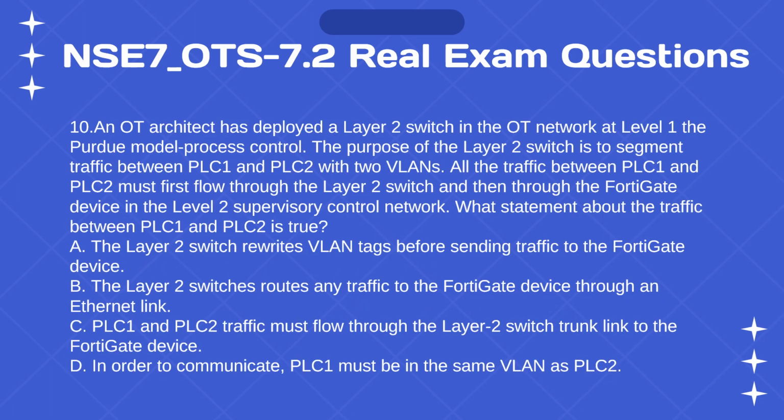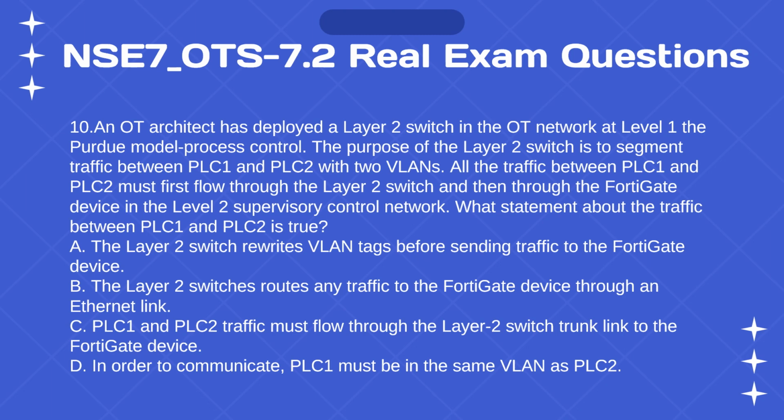10. An OT architect has deployed a Layer 2 switch in the OT network at Level 1 of the Purdue Model, Process Control. The purpose of the Layer 2 switch is to segment traffic between PLC1 and PLC2 with 2 VLANs. All the traffic between PLC1 and PLC2 must first flow through the Layer 2 switch and then through the FortiGate device in the Level 2 supervisory control network. What statement about the traffic between PLC1 and PLC2 is true?